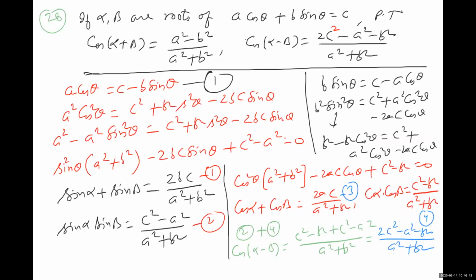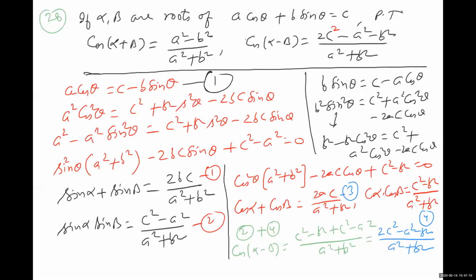Similarly, you can subtract also. You will get cos(alpha plus beta). These results will come. So this is your question number 28. Another method can be, you can convert into tan theta by 2 form.